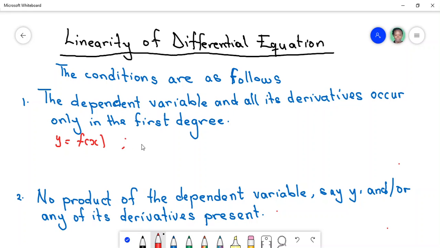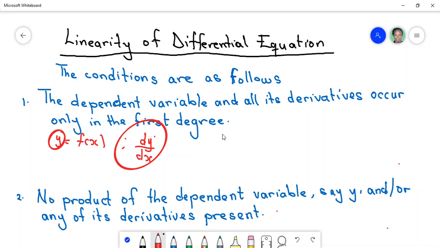So that if I have a derivative, dy dx, what we are saying is that whether the dependent variable, which is y, or the derivative, which is dy dx, should only occur in the first degree.